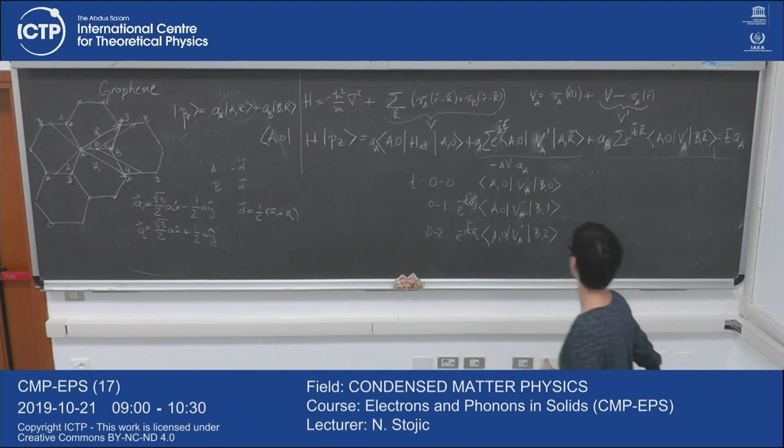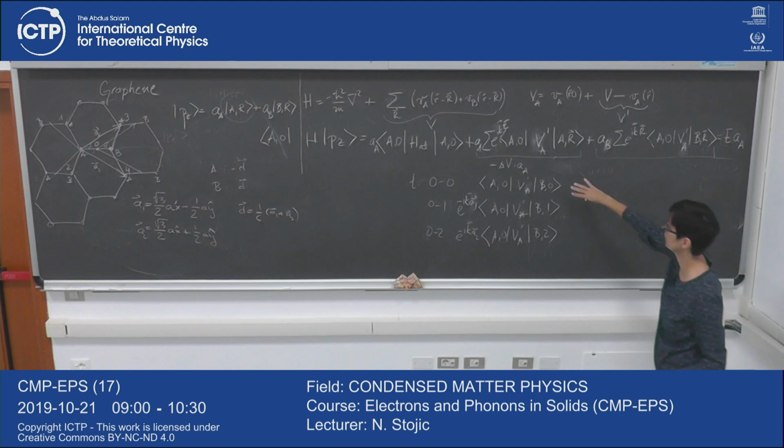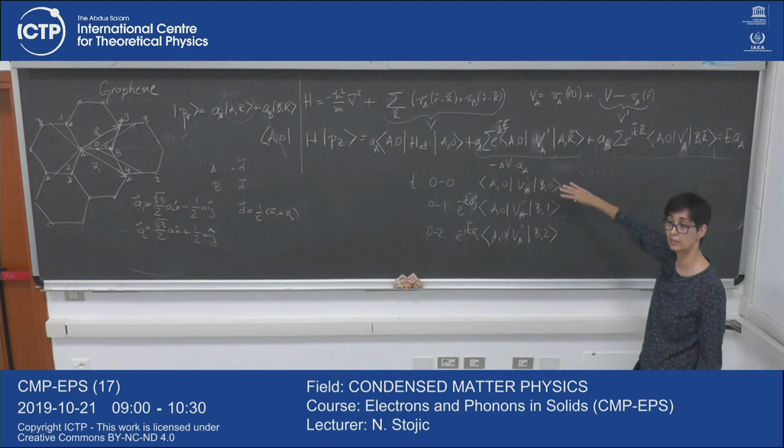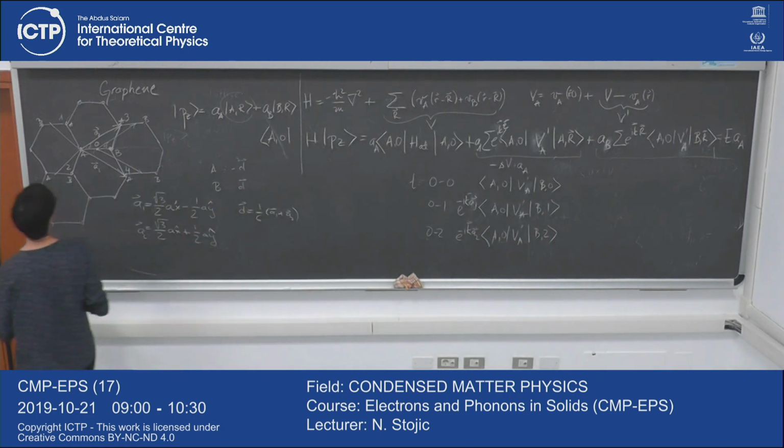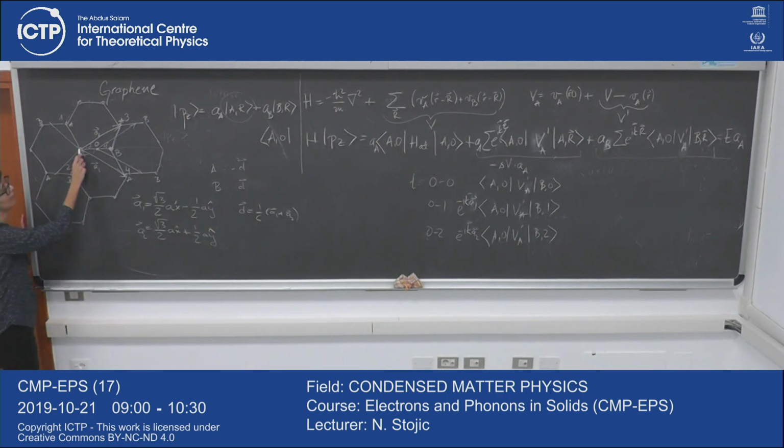Yes. Now I have here 3 integrals. Interaction of A with B, A with B, A with B. What was this? You can correct me, don't be shy. Yeah, the rest is fine.